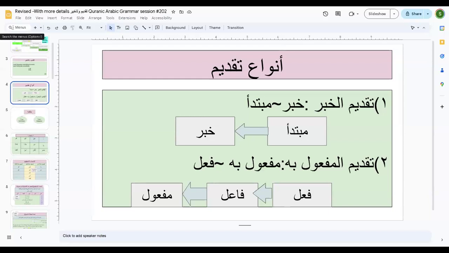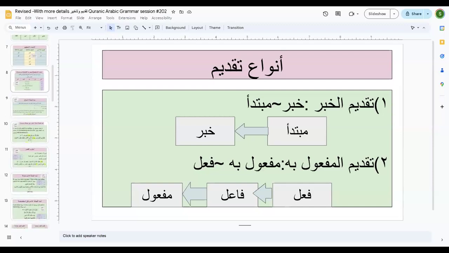Okay. Okay, so now let's see here. One second, I have to. So, what are the cases when we are going to see this taqdeem?